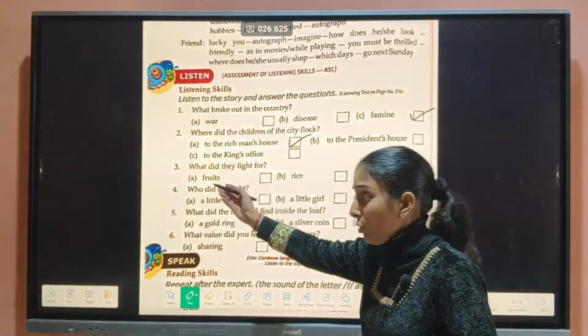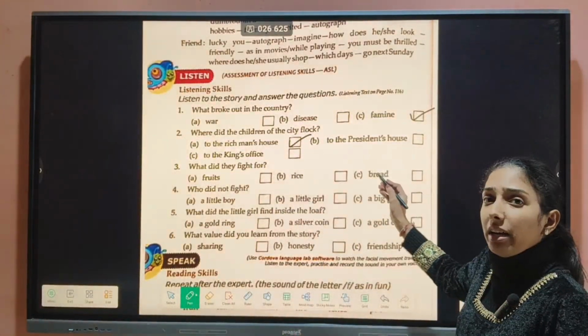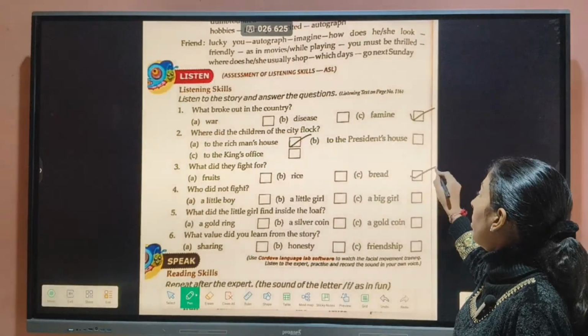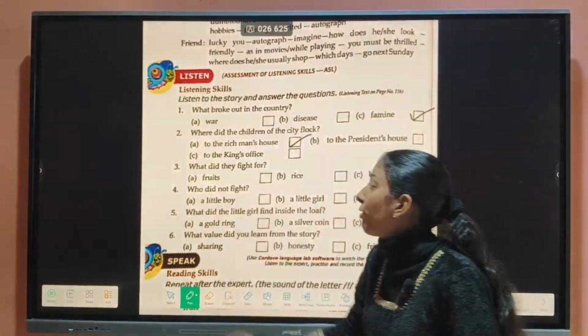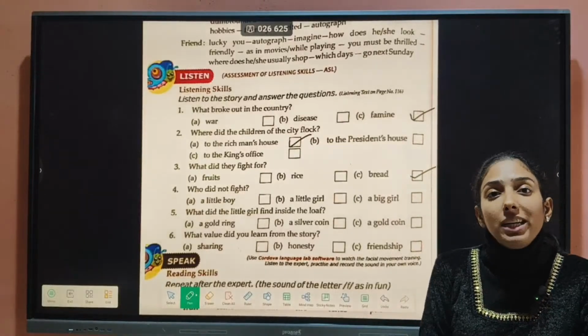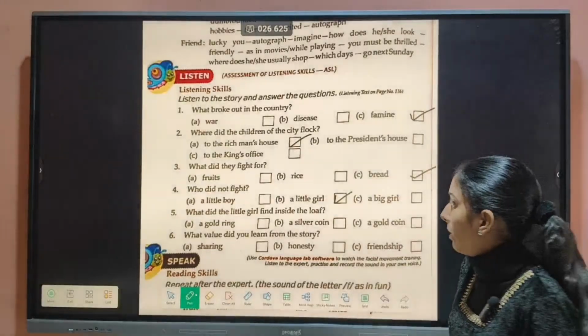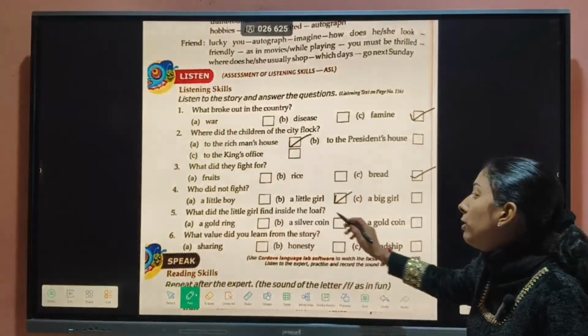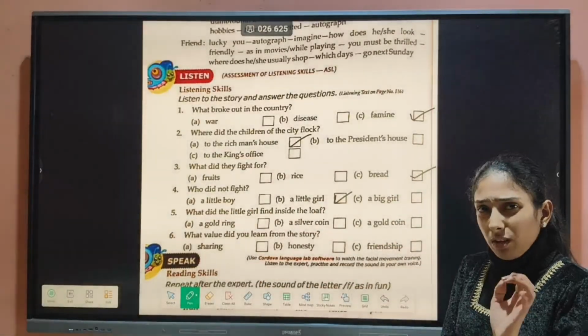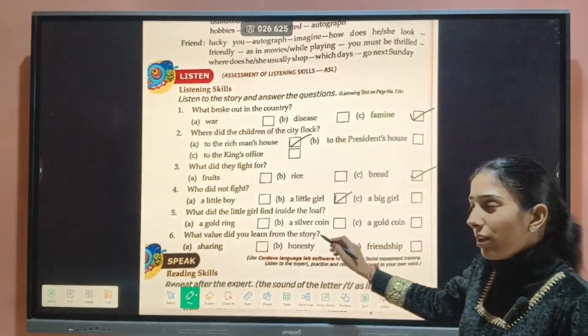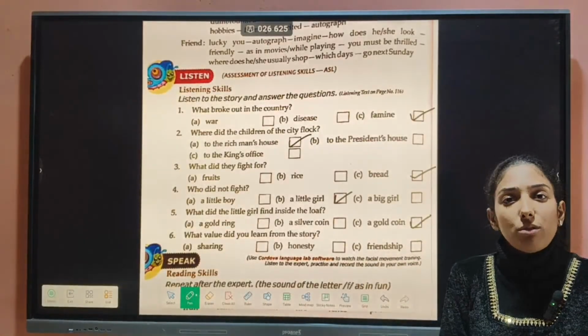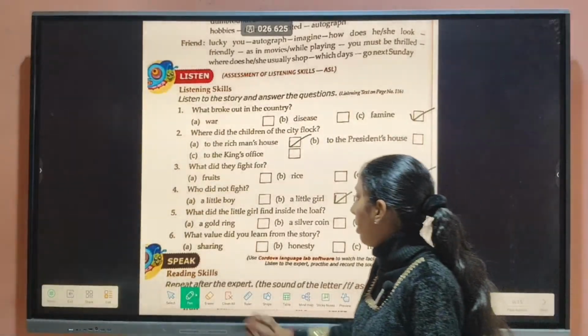Were they fighting for fruits, rice, or bread? Bread. Who did not fight, beta? Who was waiting for her turn? A little girl. Okay. What did the little girl find inside the loaf? Was it a gold ring, a silver coin, or a gold coin? There was a gold coin inside the loaf.